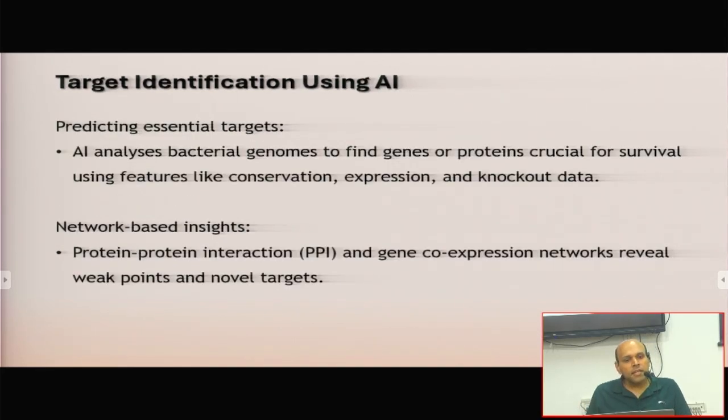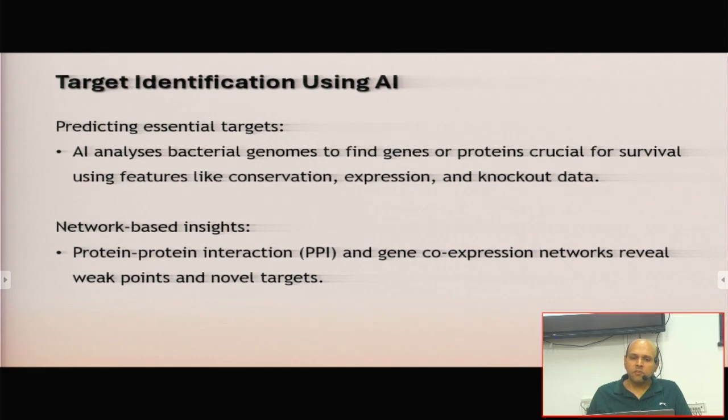So, target identification using AI. Predicting essential targets. AI analyzes bacterial genomes to find genes or proteins crucial for survival using features like conservation, expression, and knockout data.